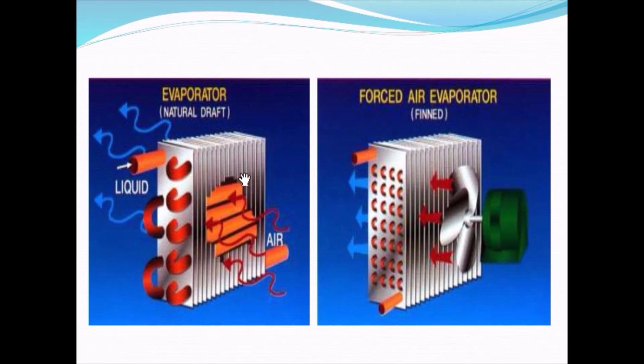So inside the evaporator it looks like a spiral shape, and then we can use natural draft, or we can use forced air.